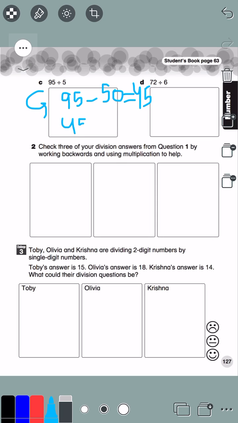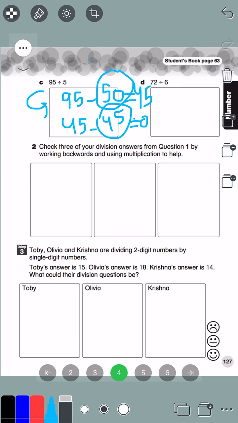Now 45 minus 45 equals 0. Now you ask yourself, what do you multiply 5 by to get 50? And what times 5 equals 45? Here we have 10 times 5 equals 50, and 9 times 5 equals 45. So the answer is 19.